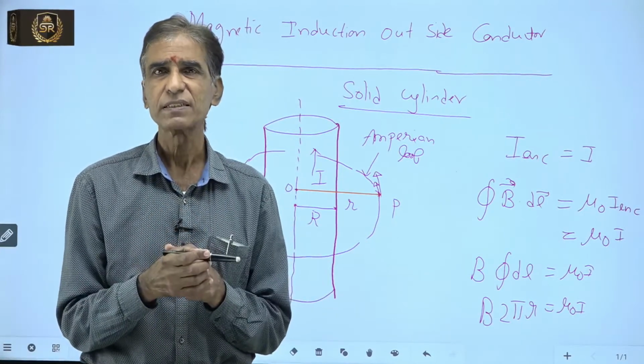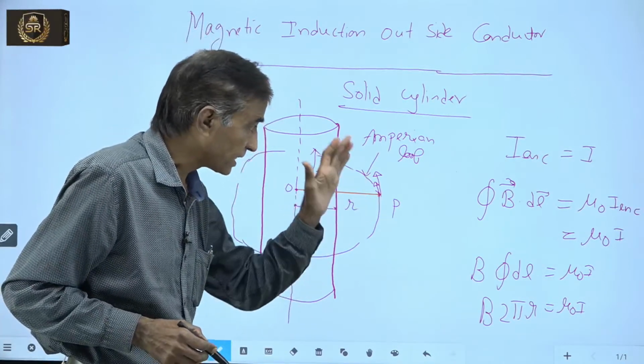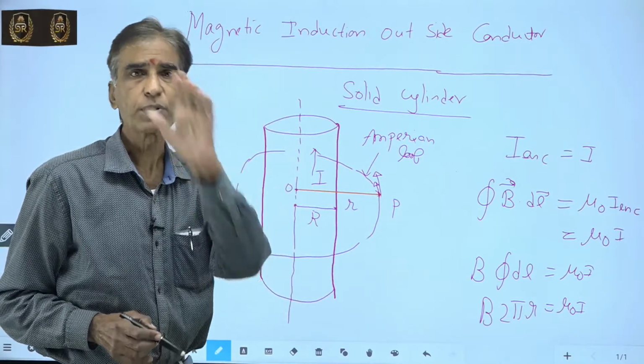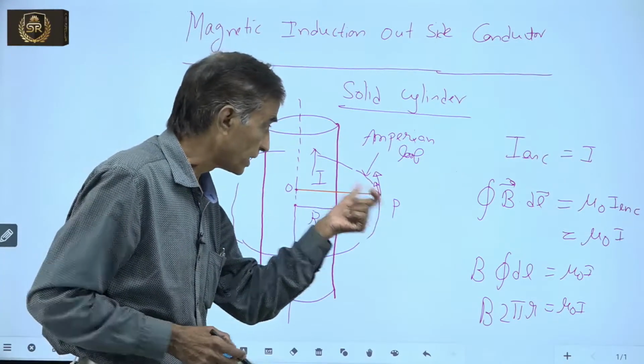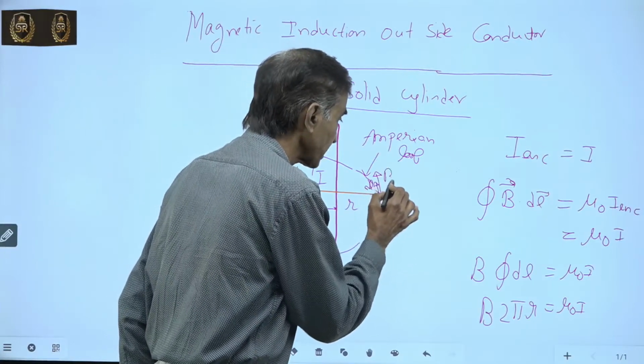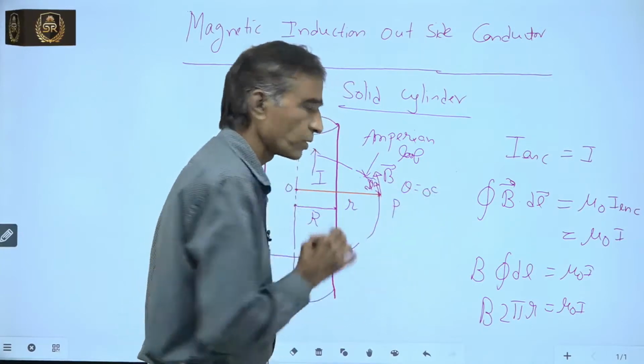So theta is how much? See the point here. The magnetic field is in the plane of the board. dl is also in the plane of the board. That means dl and B are parallel to each other, so theta is equal to 0.